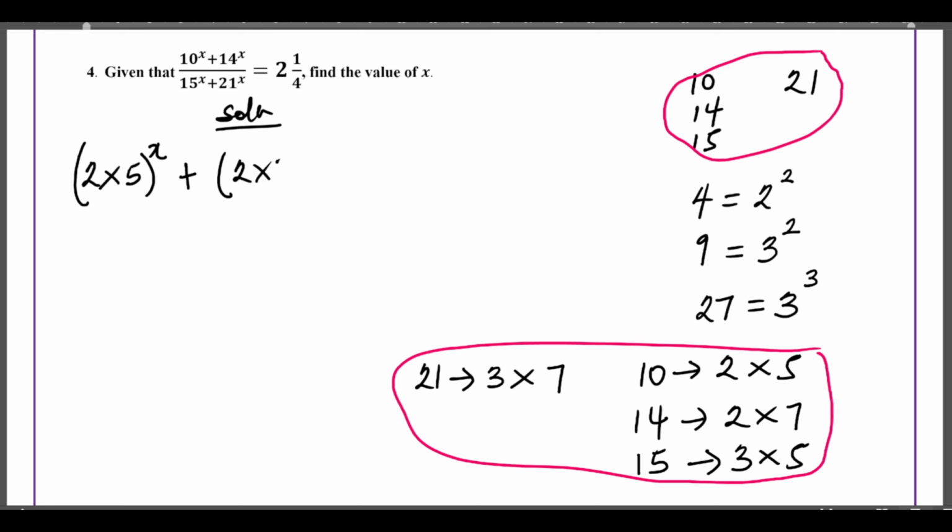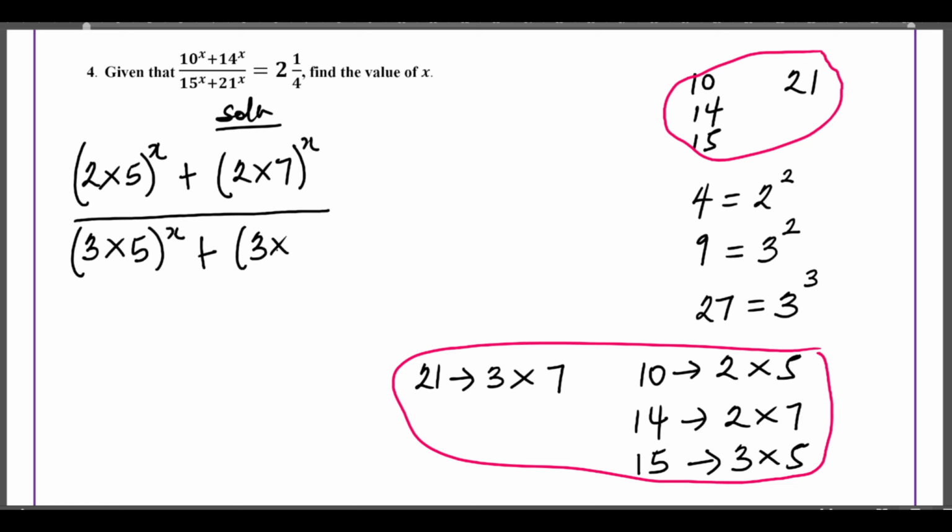So 2 by 7 raised to the power x, all divided by the denominator 15. Factors of 15, 3 by 5, also raised to the power x, and then plus 21. Factors of 21, 3 by 7 raised to the power x.